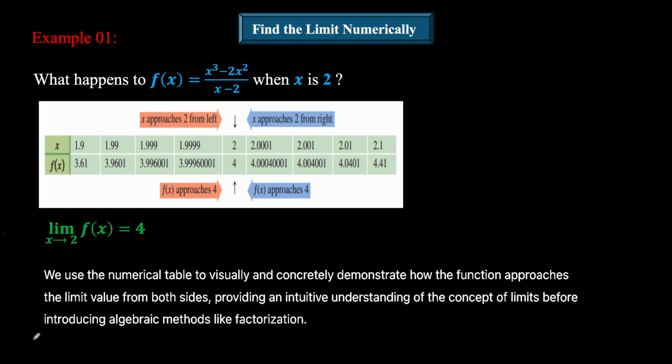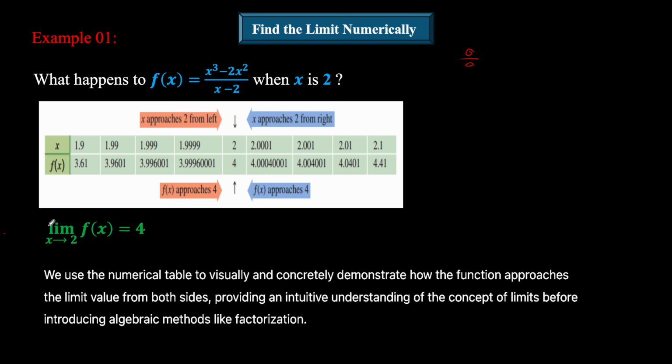Before we finish this example, I would like to emphasize this point. This was our function. If x is 2, you get the problem of 0 over 0, and this is an indeterminate quantity. That's why we used limits to see the behavior of this function as x approaches number 2 from the left and right side.